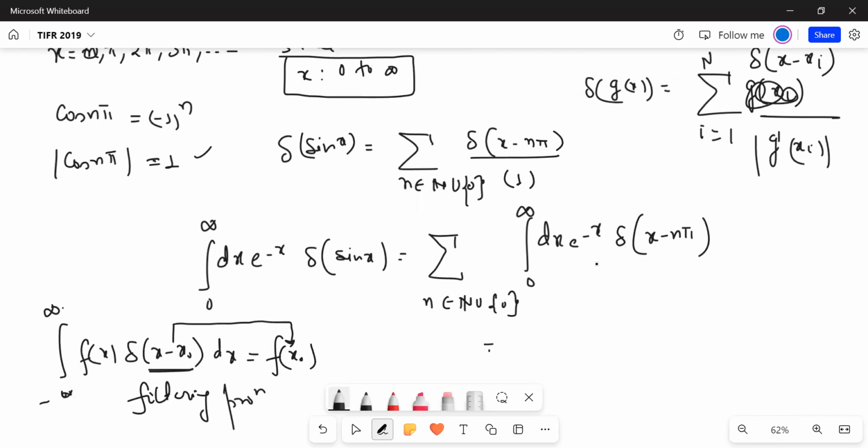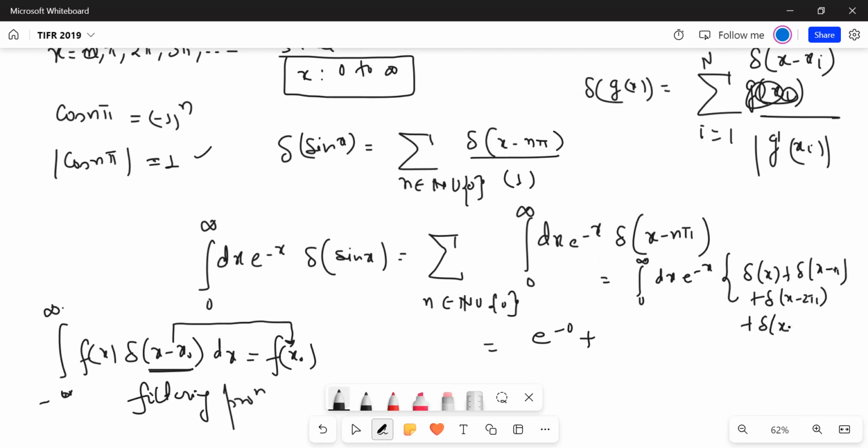And if I integrate this up, what is going to happen? E to power minus 0 will come. So x belongs to n union 0. I'm just writing it for you: dx e to power minus x, and since sums are happening, this will be Dirac of x minus pi plus Dirac of x minus 2 pi plus Dirac of x minus 3 pi, and so on and so forth.